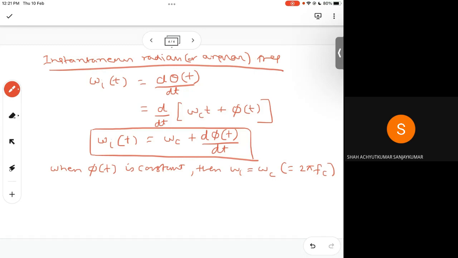Then we have another important point to be noted, which I put in black color. In frequency modulation, both the things we are doing simultaneously.